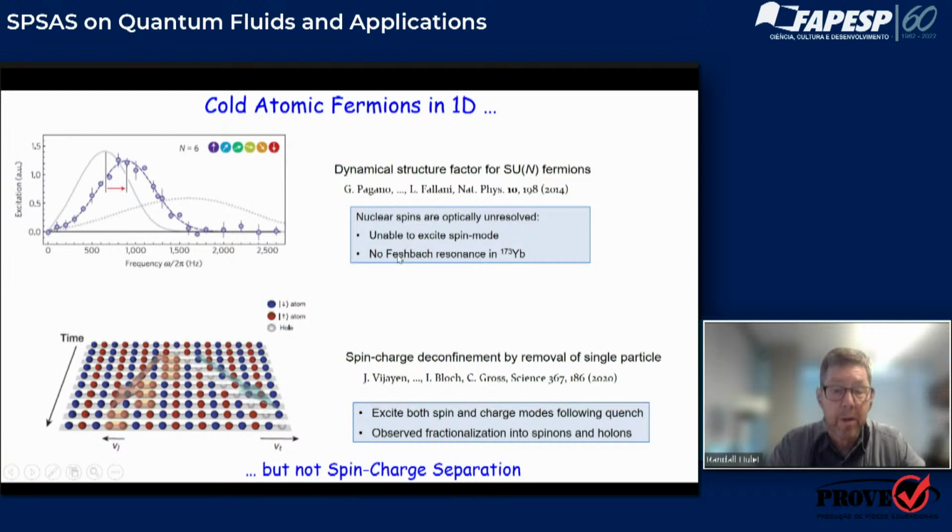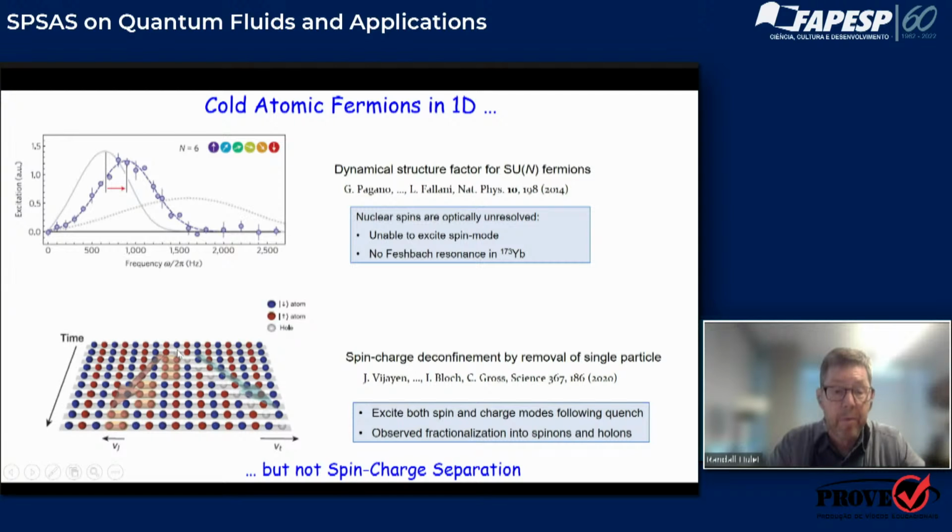There's also experiments that have been done in Munich in Immanuel Bloch's group, and their experiments were not really low energy excitations, but rather high energy excitations. They were looking at a deconfinement transition, where they take a two-dimensional lattice with site-resolved atoms and remove one of them.